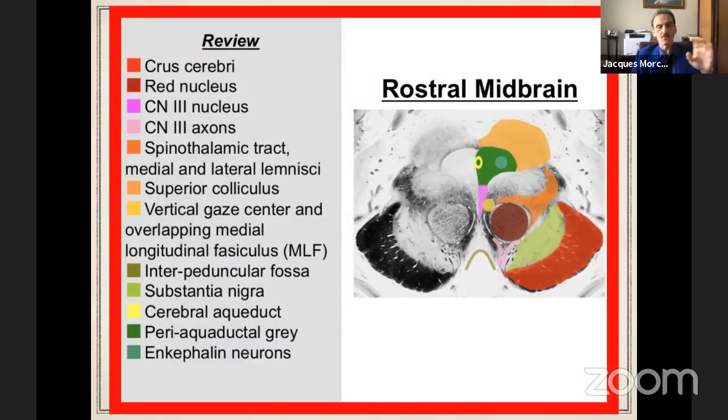Again, there is absolutely no time to go over each tract and each nucleus in each section, but just to give you a general idea where the most important things are, we're going to start at the rostral midbrain and finish in the medulla. Of course, the red here is crus cerebri with the corticospinal tract in it, and the hallmark of the rostral midbrain is the red nucleus and all the other tracts which you can read on the left.